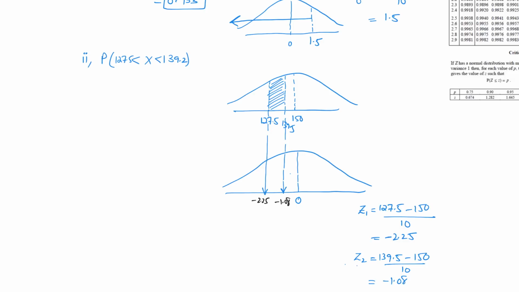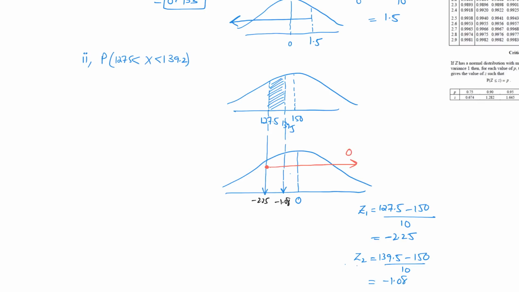So the shortest way to do this is to read the probability of the body area at a z value of 2.25. This will give you this region. Okay, so the table will always give you the body area, that is the area greater than 50%. So you will go to your table and read the probability at positive 2.25.